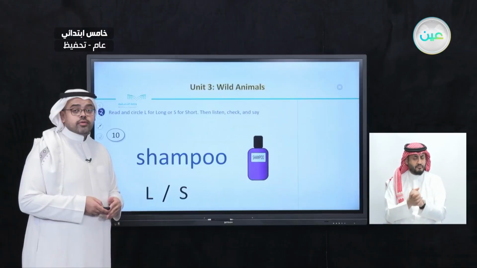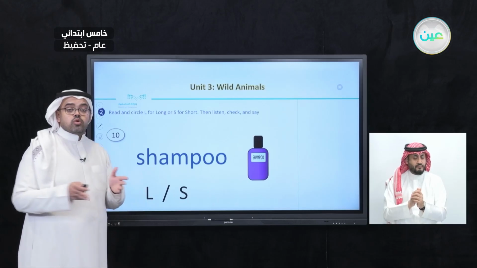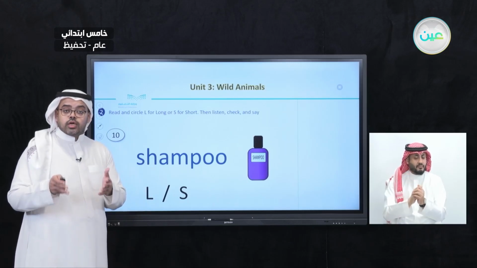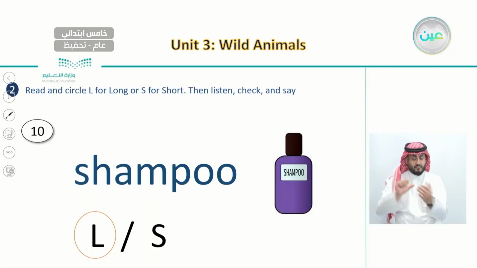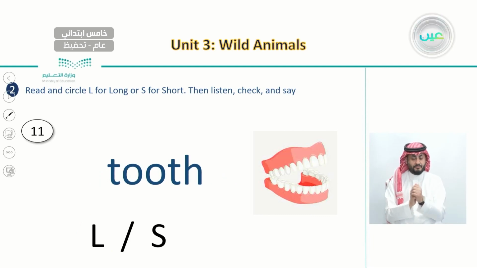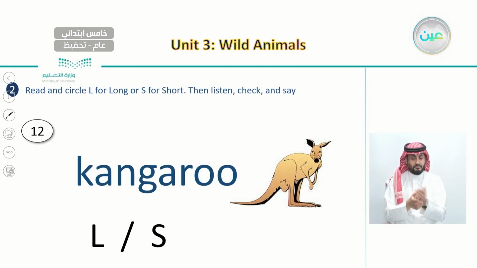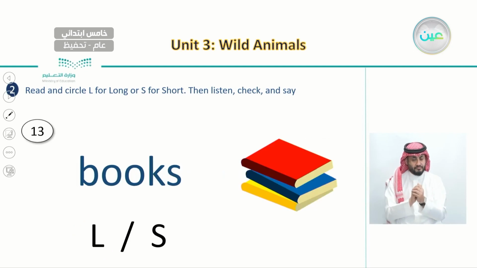So what do you think? The long form or the short form? It is, of course, the long form. And 11, tooth, tooth. Tooth goes with the long form. And number 12, kangaroo, kangaroo. Kangaroo goes with the long form.